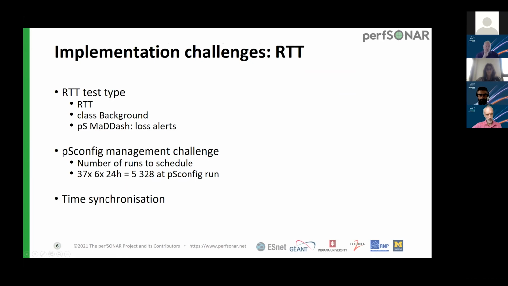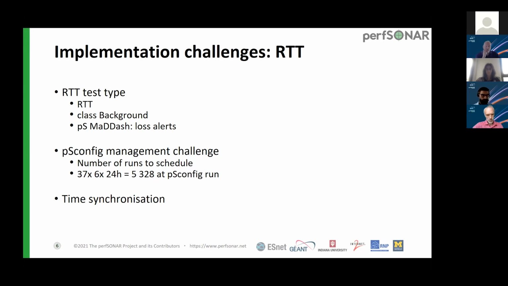And then on each of the nodes, I'll have to configure 37 multiplied by those. So on a perfSONAR node, I'll have to have more than 5,300 measurements, which is a lot.